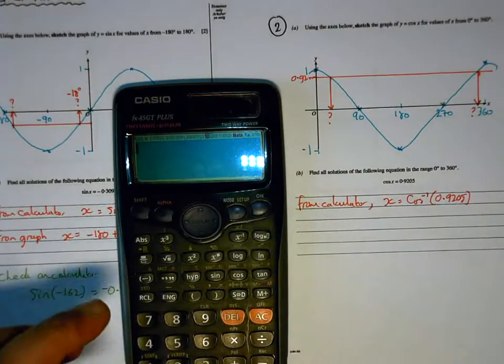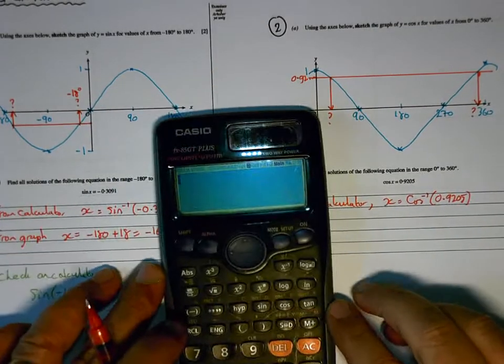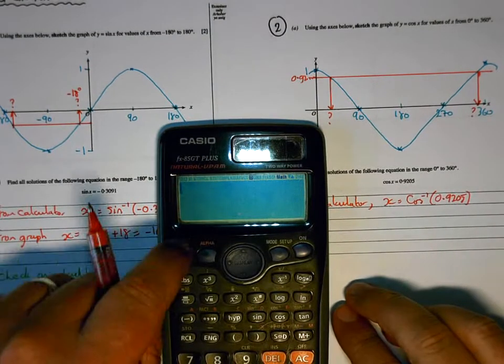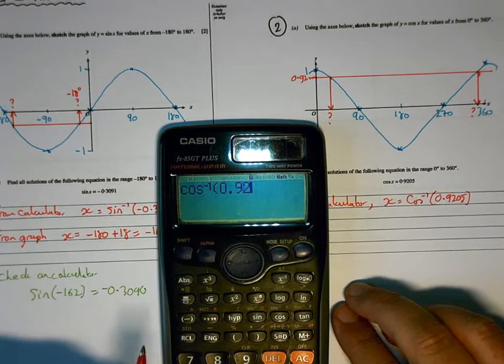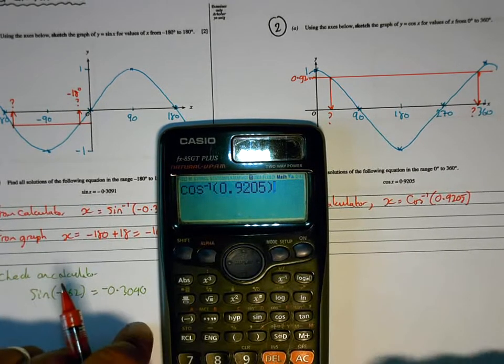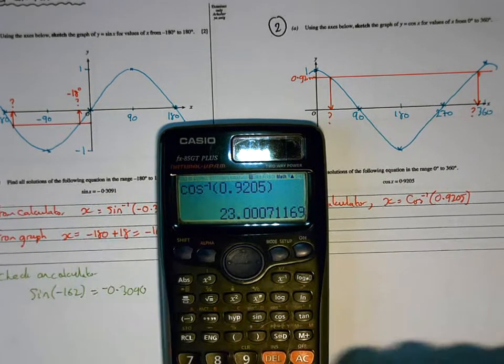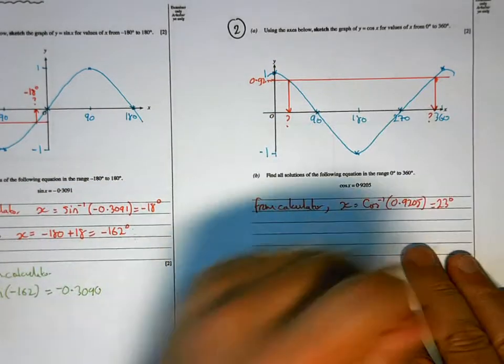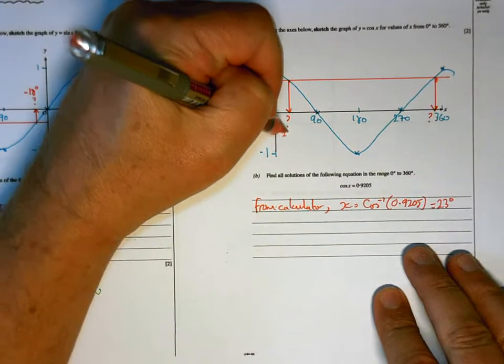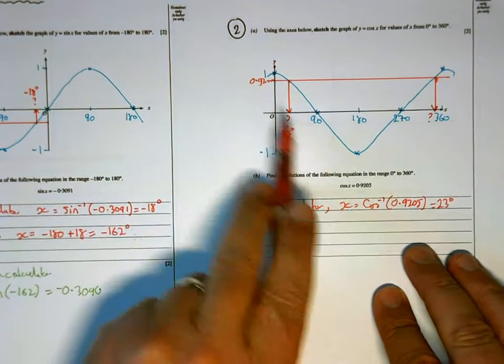So get that on the screen somewhere. Shift cos 0.9205 close bracket equals 23 degrees. So I know that that is 23 degrees.